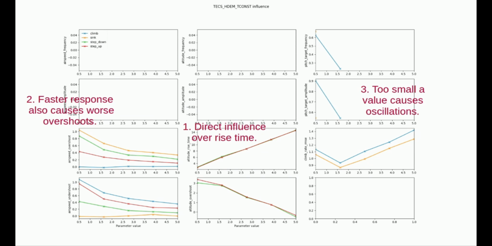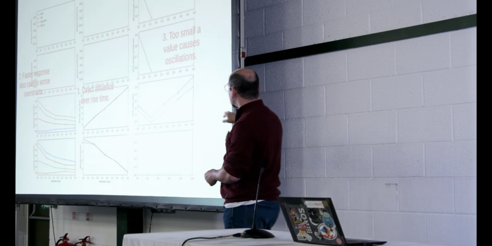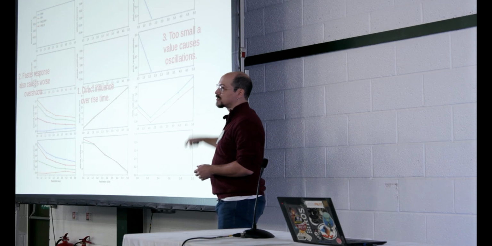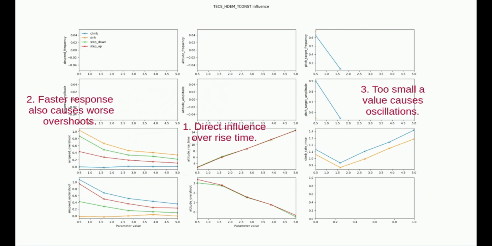So in some cases, if you don't need that high climb rate performance, it's a good parameter to increase, to get a less fast climbing or descending airplane, but a more stable one. You can overdo it though, as you can see that past some point, the climb rate error and the sink rate error start to increase as well. And we'll talk a bit more about them in the next slides.